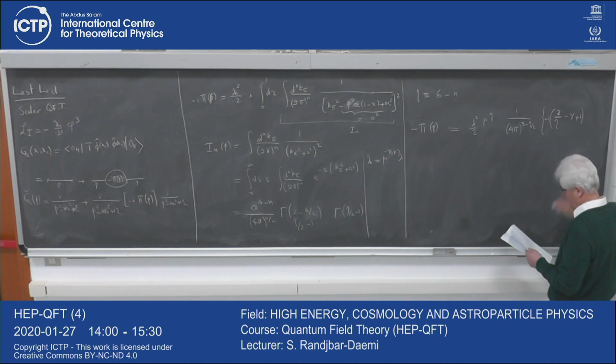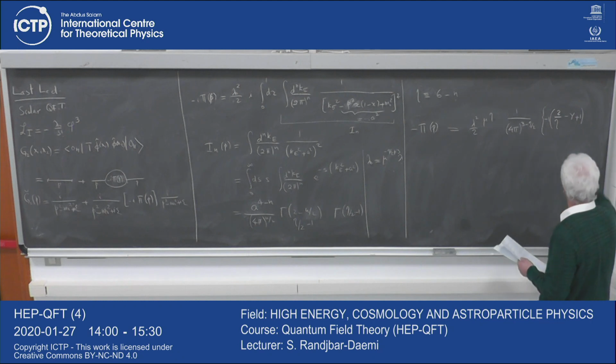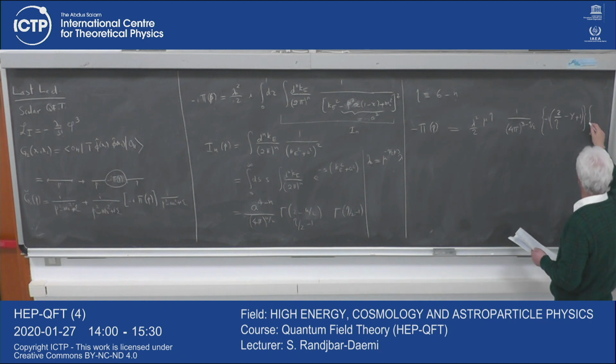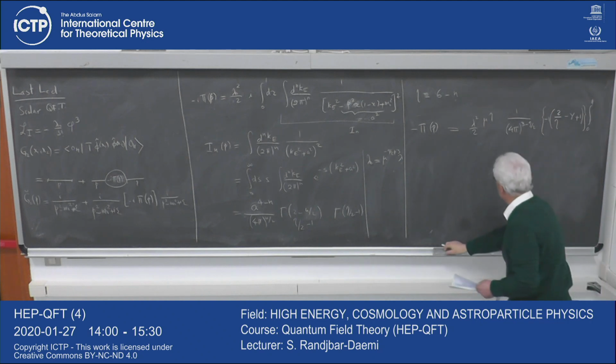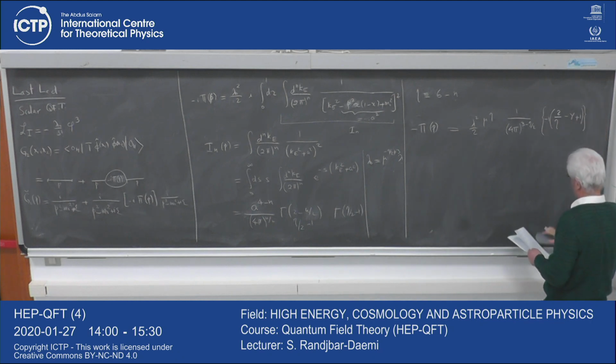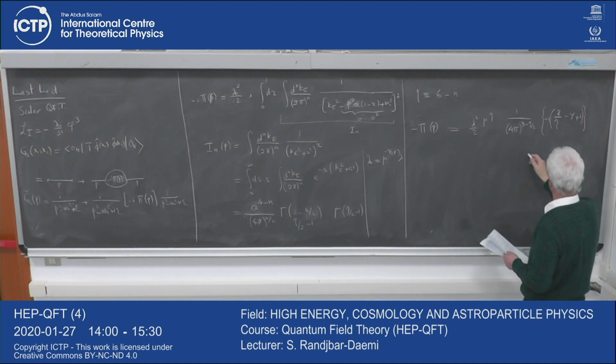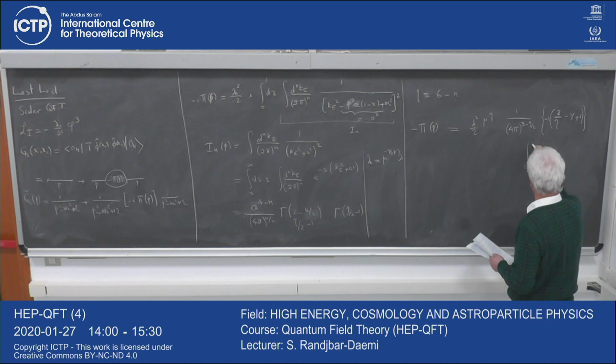These all come from the expansion of gamma. And then there is the integral over the Feynman parameter x. So this whole thing will multiply an integral over the Feynman parameter x.